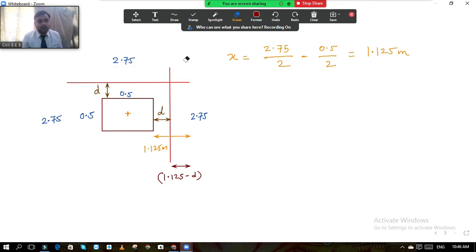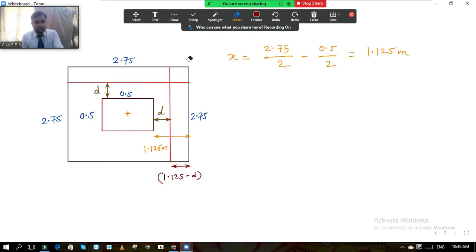Okay, so now if you see the area of this strip, this area is 2.75 by 1.125 minus d. Okay, 1.125 minus d.